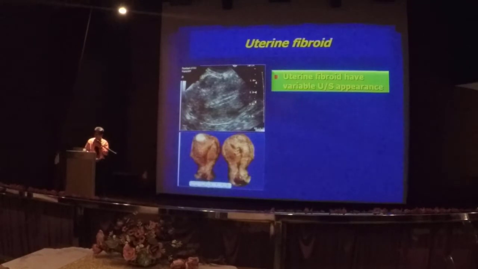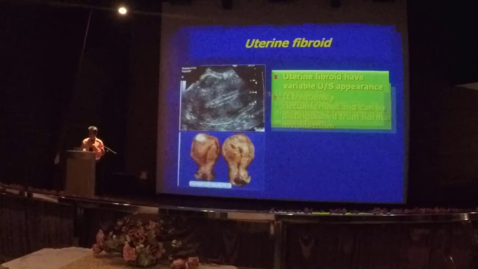Therefore, on ultrasound, a uterine fibroid will give you a variable appearance depending on which component is predominant. If the fibrous component is predominant, it will appear hyperechoic. If it is the smooth muscle component, it will appear hypoechoic.